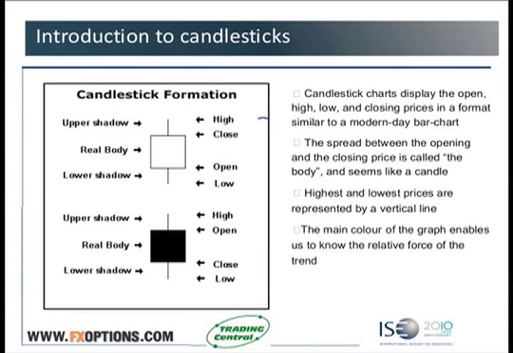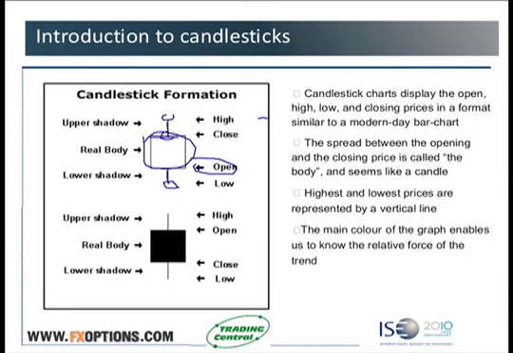It displays the high, the low, and the closing price, in a format similar to a modern day bar chart, as I said just before. The spread between the opening and the closing price is called the body, and it looks like a candle, as you can see. The highest and lowest prices are represented by a vertical line, this one and this one.